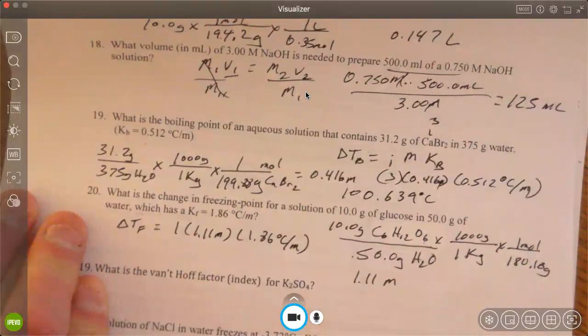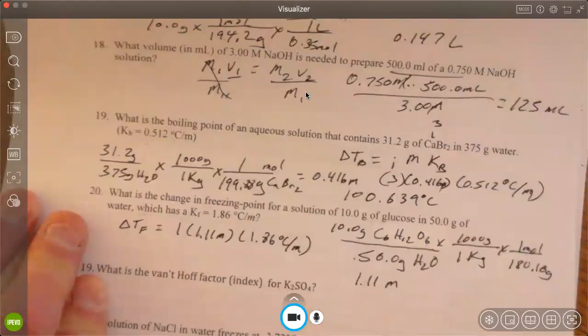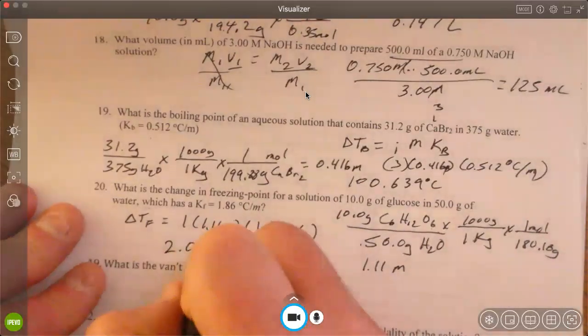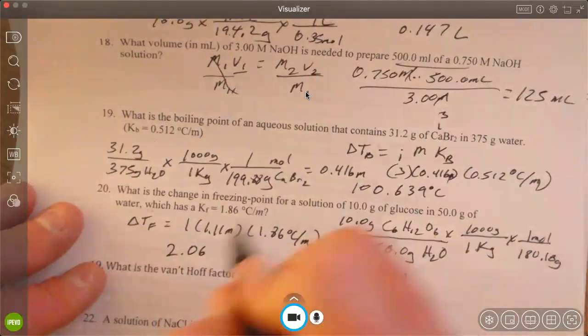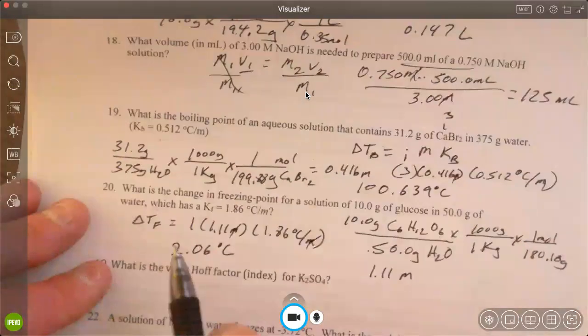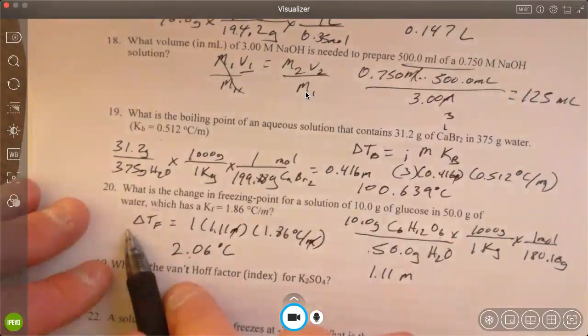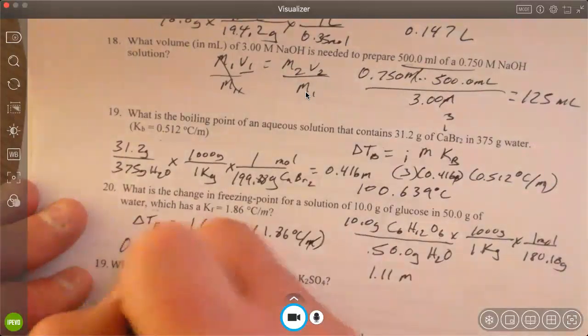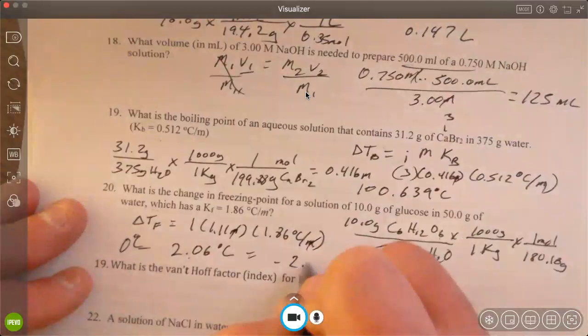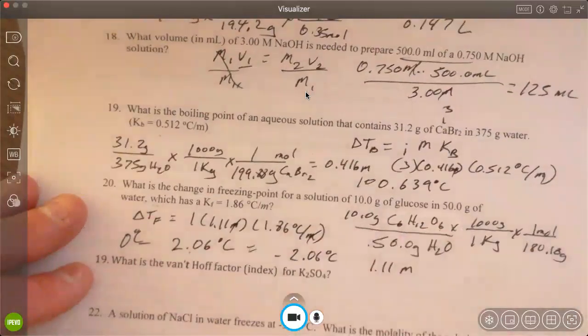One times 1.11 times 1.86. It's 2.0646. 2.06 degrees Celsius as the molality cancels out. But this is not our final answer, as that is the change. So we take 0 minus that, and we get negative 2.06 degrees Celsius.